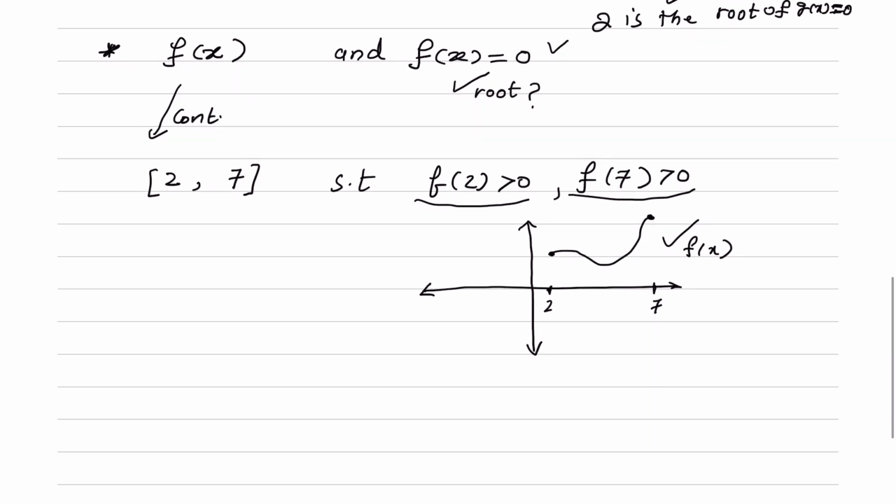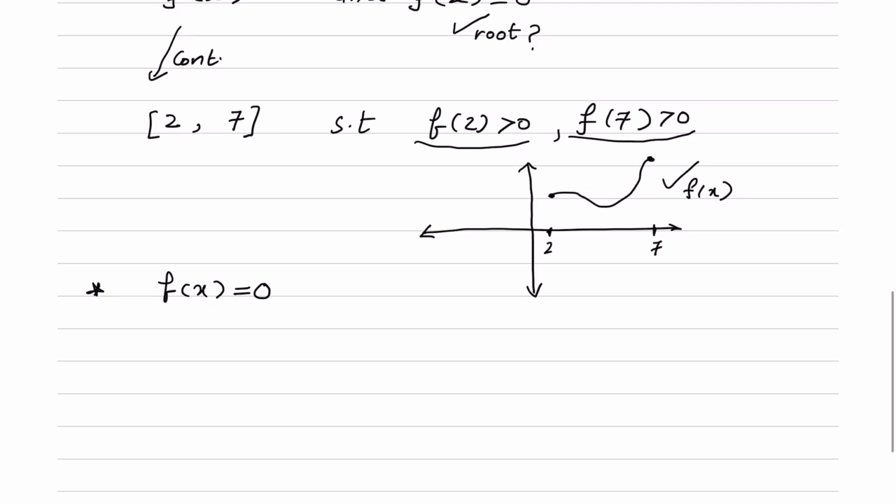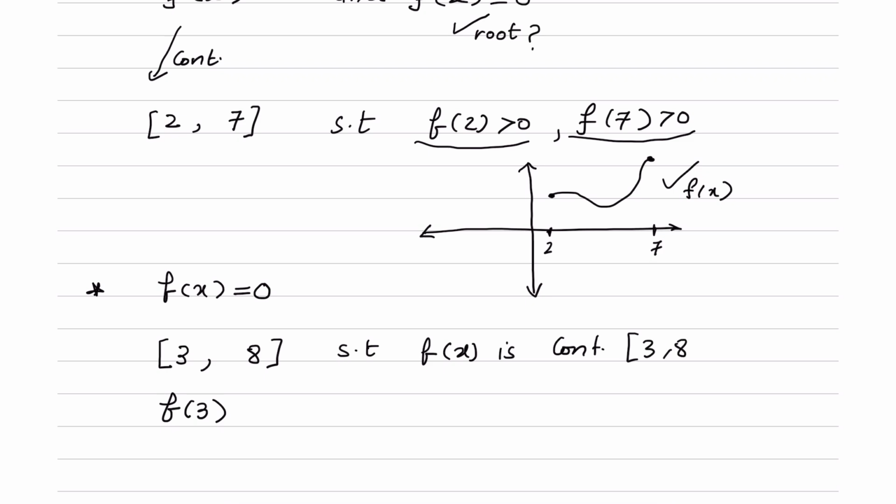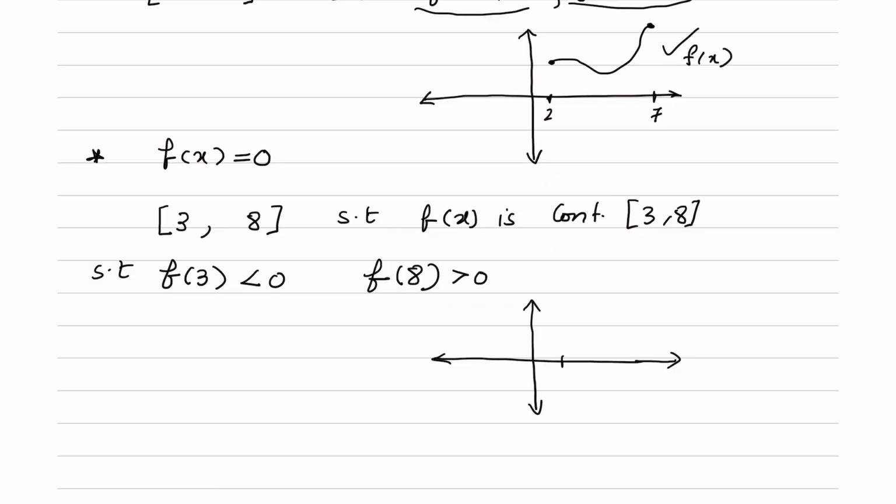So the point that we want to emphasize is that if you have to find the root of an equation f of x equal to 0 and you are able to find an interval 3 to 8 such that f of x is continuous on this interval, such that at one end the answer is negative and on the other end the answer is positive.